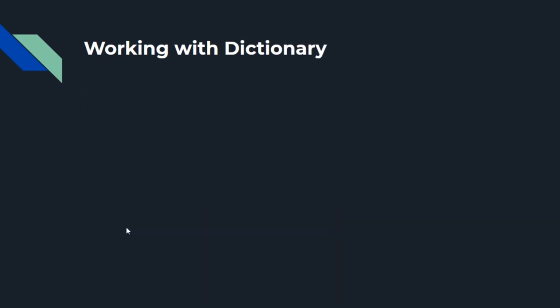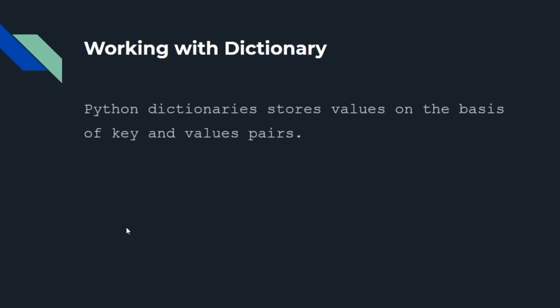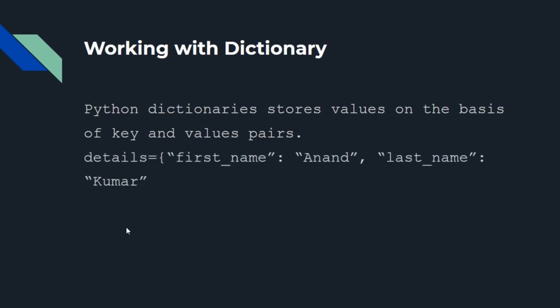Now we will be working with dictionary. Python dictionary stores values on the basis of key and value pairs. The syntax is first you need to write curly brackets, and then the key like this. These are keys and these are values.